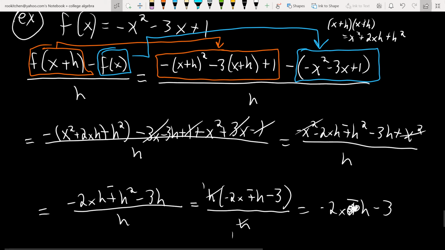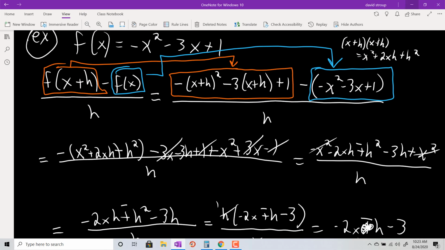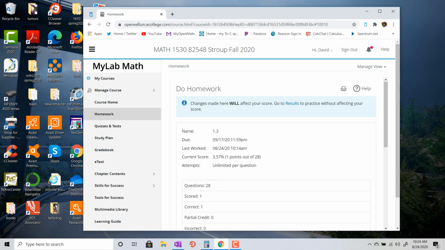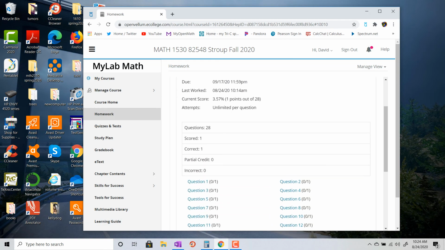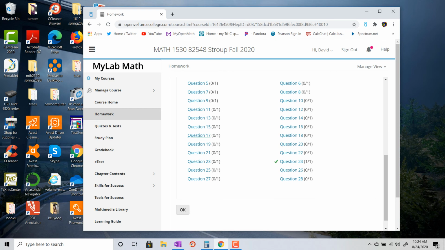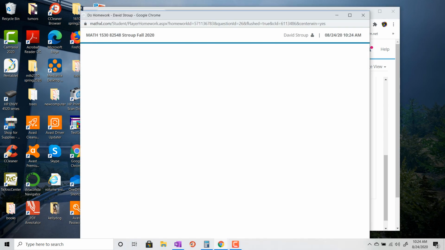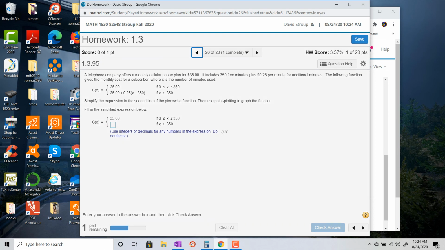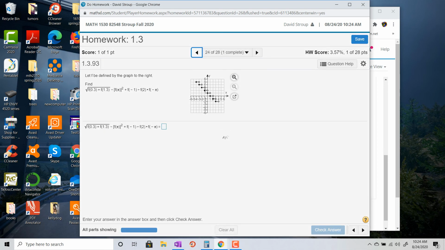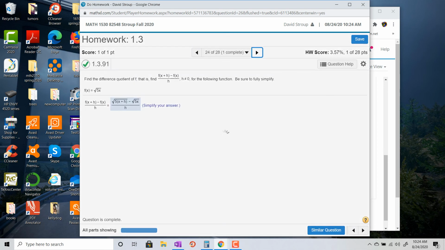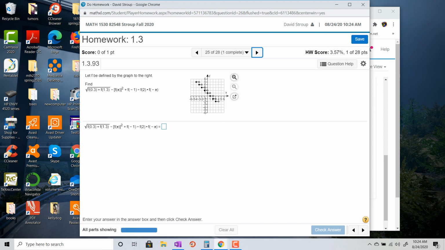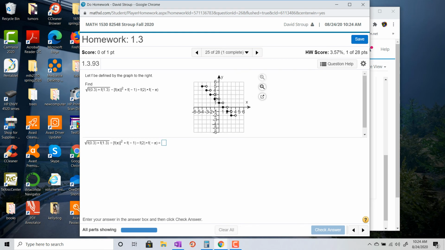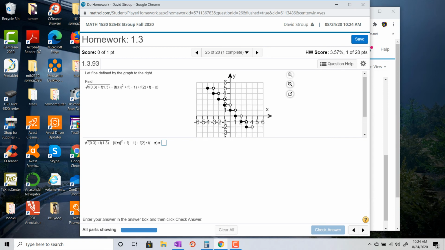Let me scroll over and see if there's anything to deal with online. What are we on, 1.3? Let me take a look at some of these characters and see if there's anything I missed. Oh, this thing. This thing is the floor function, kind of. Let's zoom in on that.